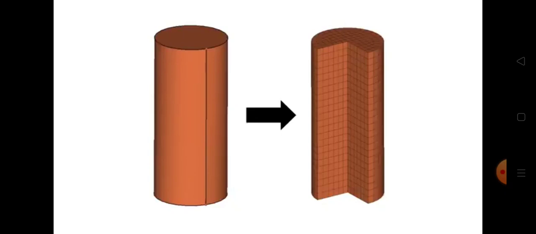I divided it into various smaller elements. So if I analyze a particular element in that cylinder, it is more than enough, because each and every element has the same scenario, same structure and same strength that the entire component has.